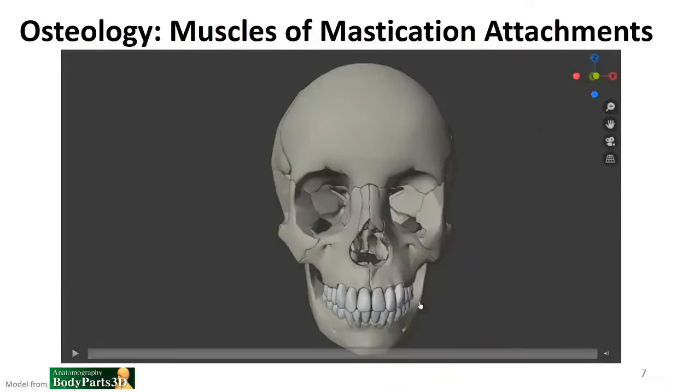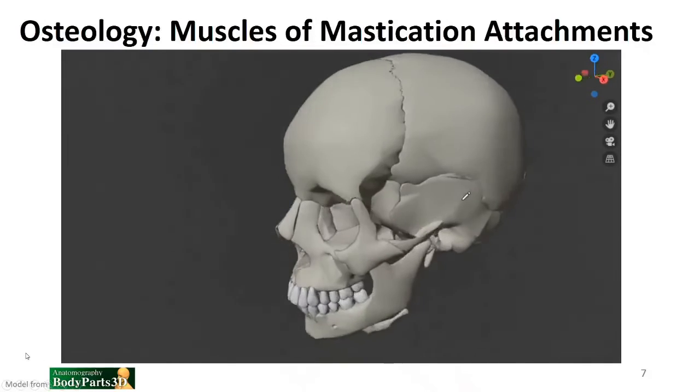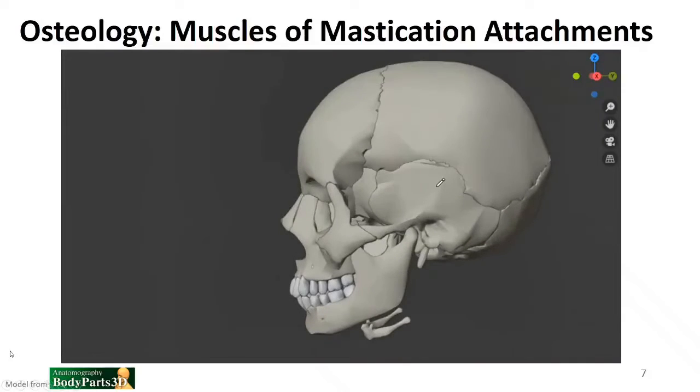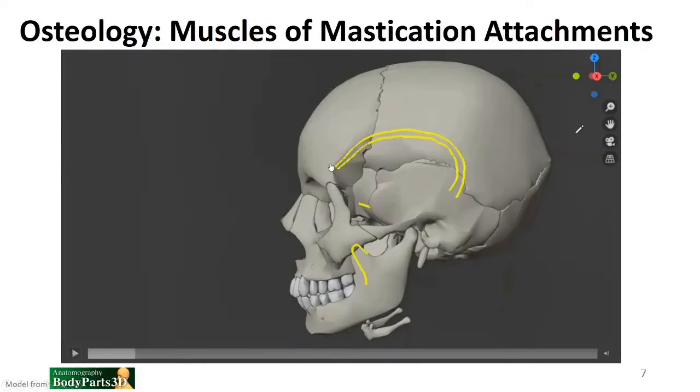So let's take a look at the video here. We'll start by, as usual, turning to the lateral side, and we'll turn on annotations for the first muscle. So first off, we can see right away these lines running up and along. And these are the superior and inferior temporal lines. Then down here, we see the infratemporal crest.